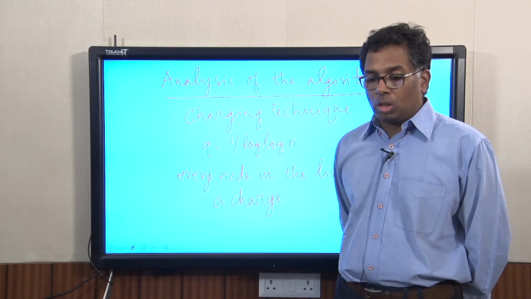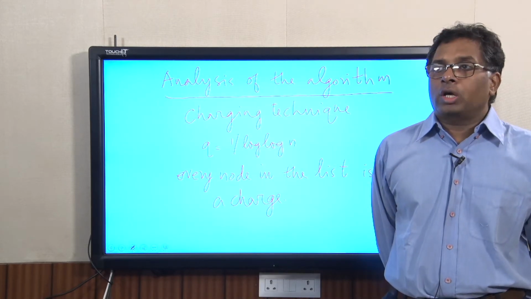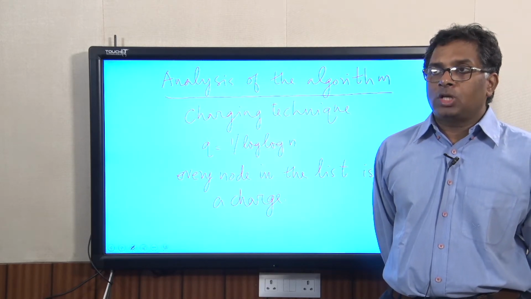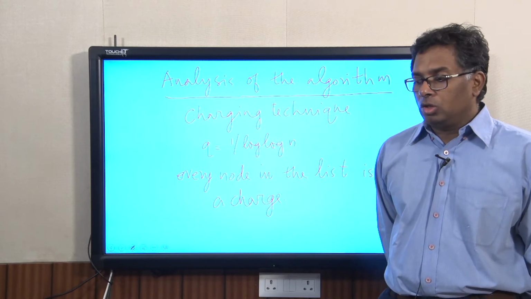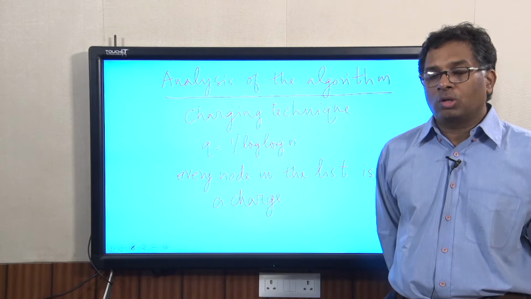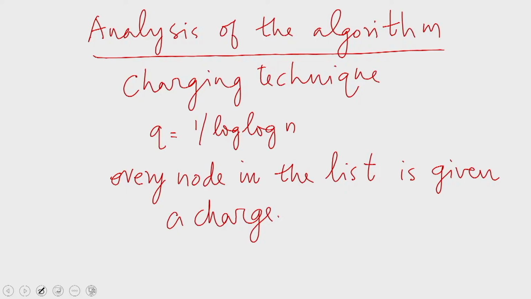This will enable us to ensure that after order log n steps, the charges left in the system is in such a way that this ensures the number of nodes remaining is at most n by log n. So, the charging technique enables us to get this upper bound. So, now let me describe the distribution of the charges. The initial distribution of the charges is as follows.